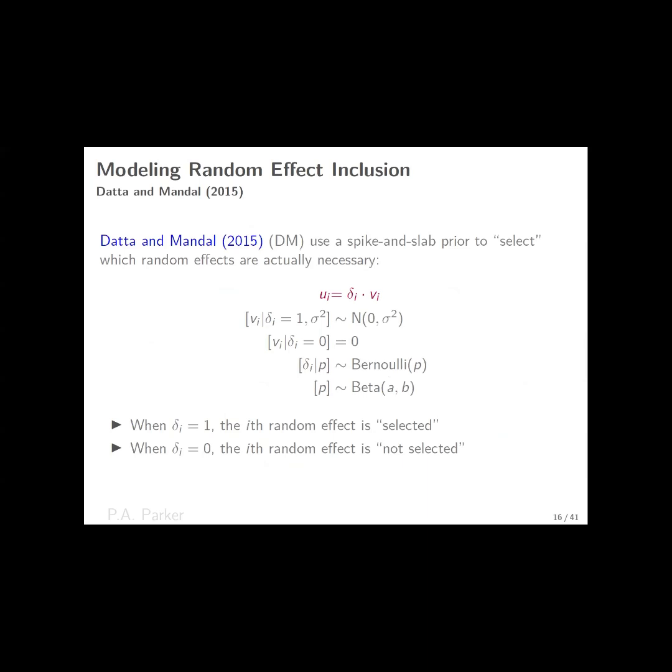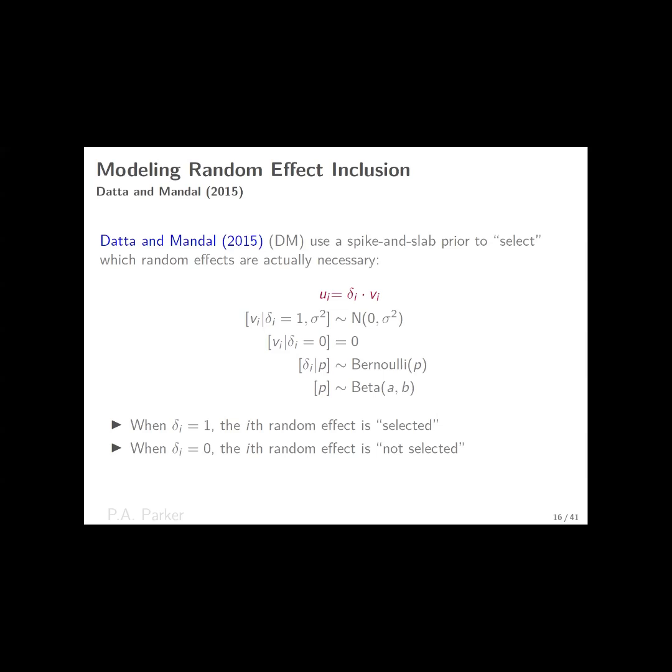And so I want to look for a bit at this Datta and Mandal model, or DM model, I'm going to call it, where they're using that spike and slab prior to select the random effects. And so they write the random effect U for area i as the product of this indicator term delta, and then V, which is kind of the random effect component. And so when delta is 1, V is going to get this normal prior. And when delta is 0, V is going to be 0.